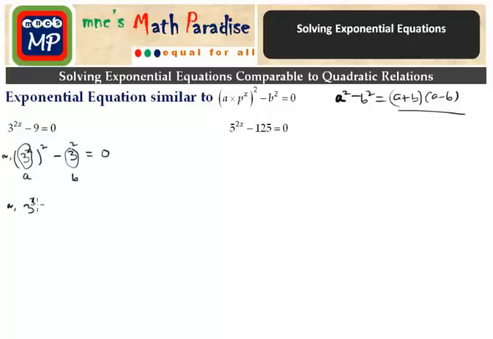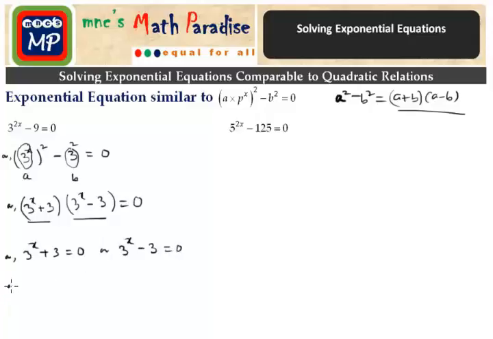Therefore (3 to the power x plus 3) times (3 to the power x minus 3) equals 0. These two factors multiply to 0. That means 3 to the power x plus 3 equals 0, or 3 to the power x minus 3 equals 0.